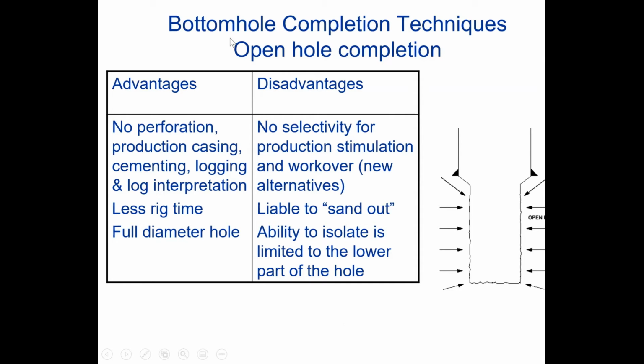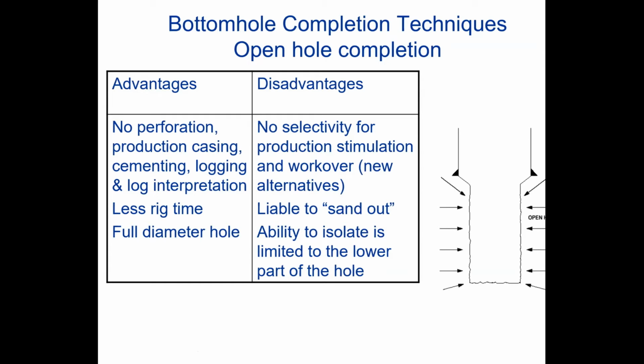One option is called open hole completion. It means that this is top of reservoir, this is 9 5/8, or 13 3/8, depending on what plan they have, and then the rest is open hole.